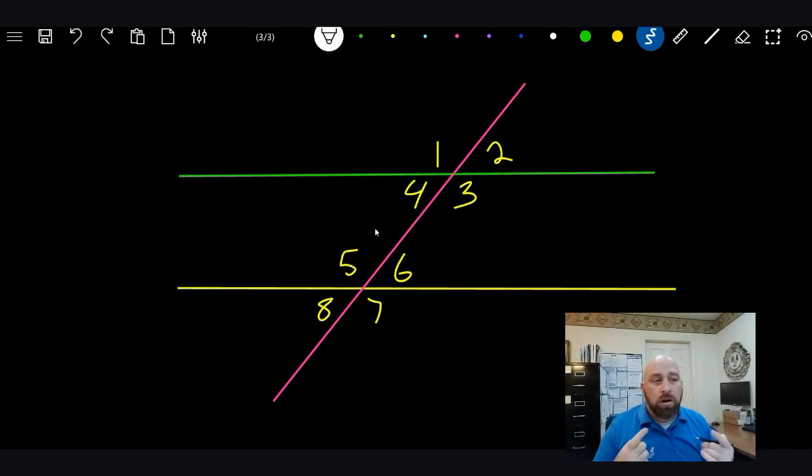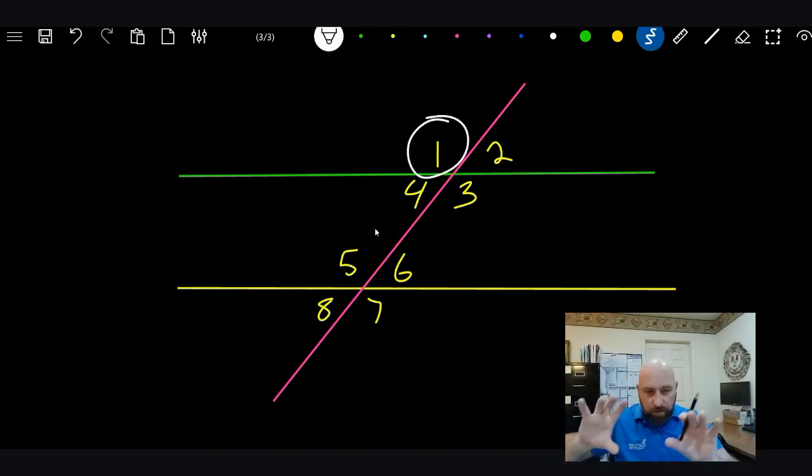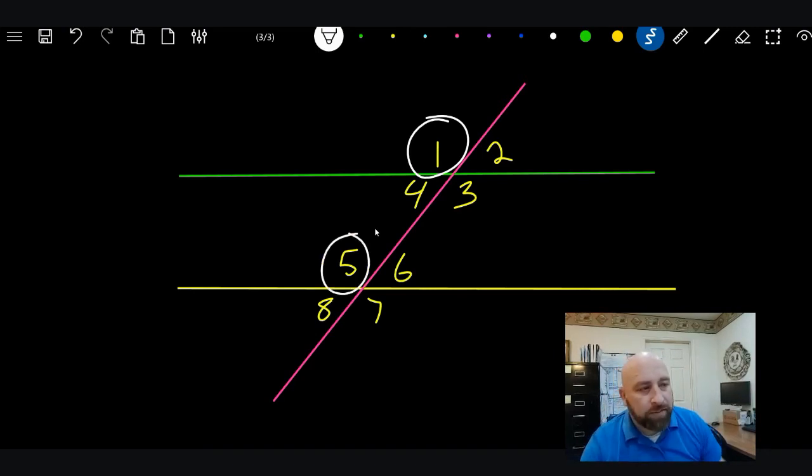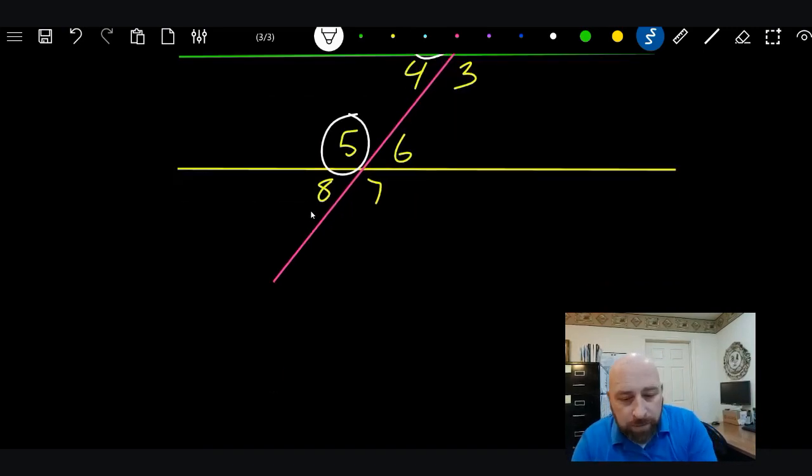So let's talk about what a corresponding angle is here. Which angle corresponds with angle 1? If I'm moving this down, which angle is number 1 going to sit on top of? 1 and 5 are corresponding. We can write that down.